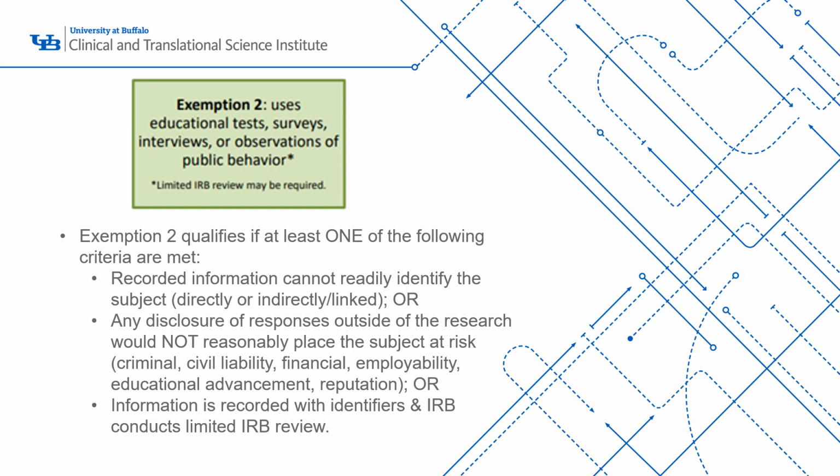The data collected cannot readily identify the subject, whether that is through identifiable data as part of the data set, or through a code number, or any disclosure of the data outside of the research would not place a subject at any type of risk, especially criminal, employability risk, reputational risk, educational advancement, and the like, or information is recorded with identifiers, but the IRB conducts what is called a limited IRB review on the study's confidentiality procedures.